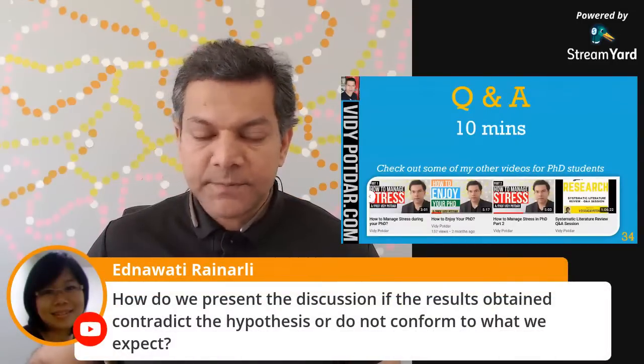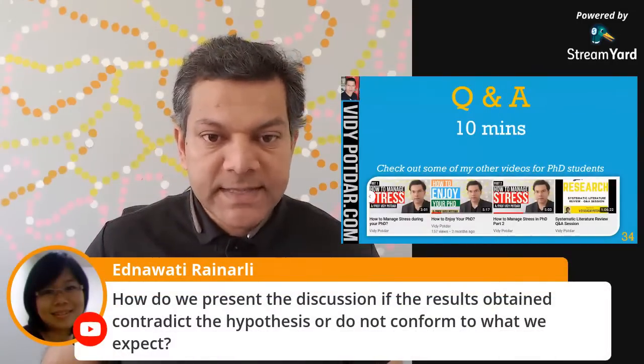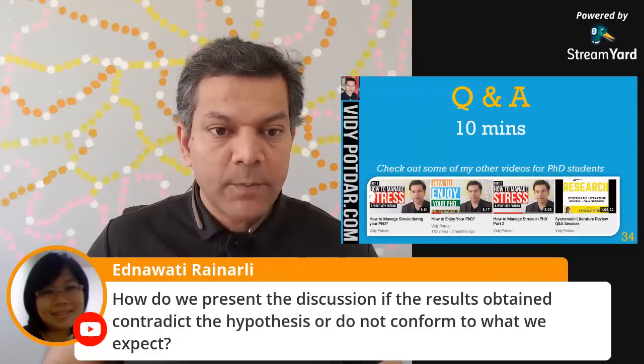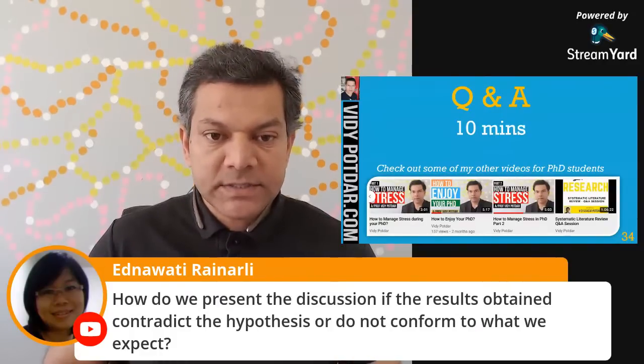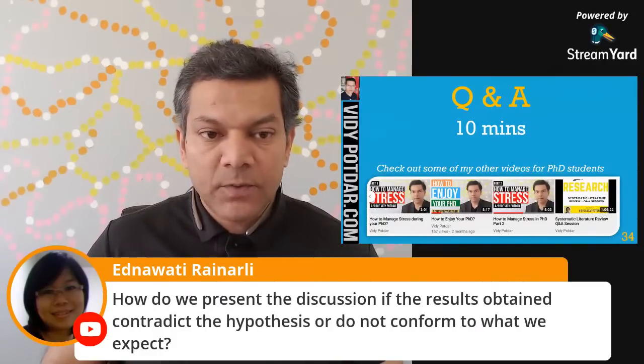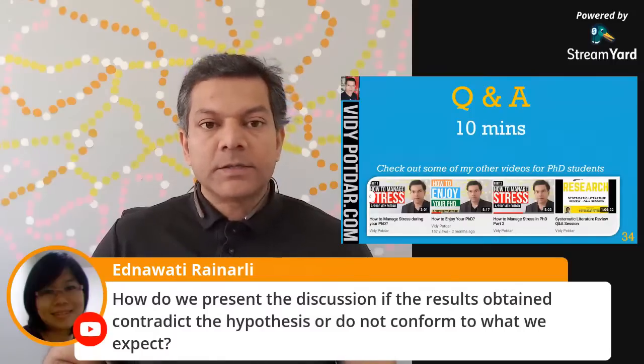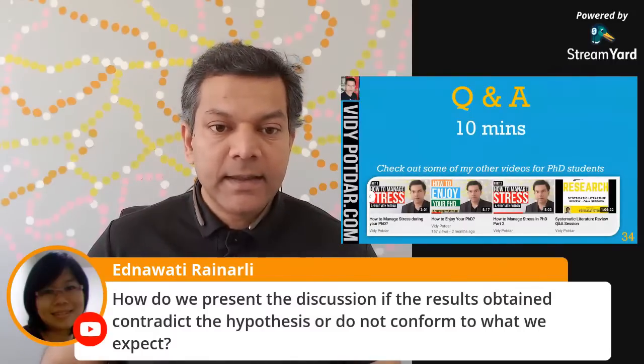Okay, next question. How do we present the discussion if the results obtained contradict the hypothesis or do not conform to what we expect? Okay, so I think I mentioned that earlier on as well.